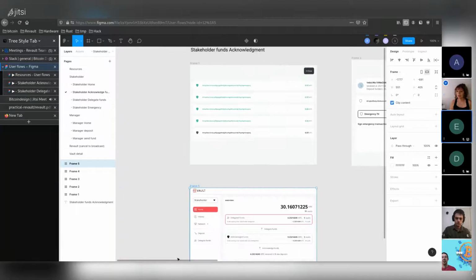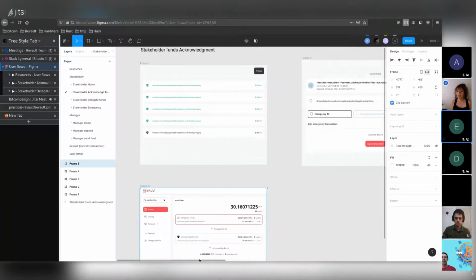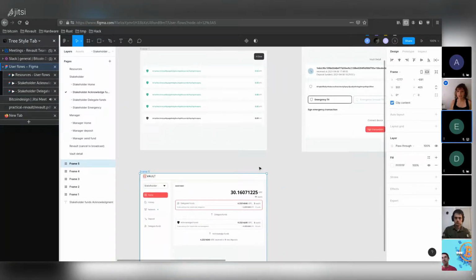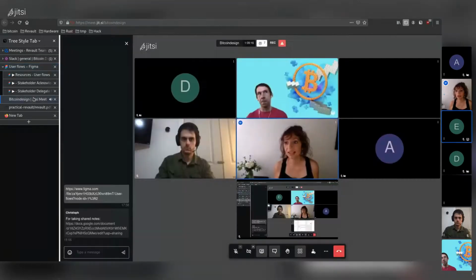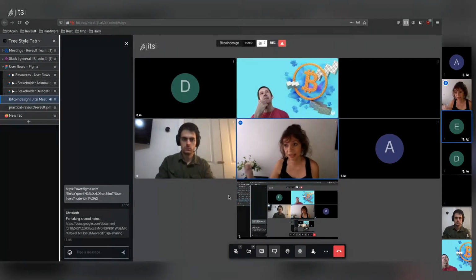I kind of agree with what Stephen was saying as far as being able to name something differently. Because if you're the manager and you get a list of stakeholders and they all say stakeholder, please approve this, I think it would be difficult to figure out who is trying to tell you to approve things.